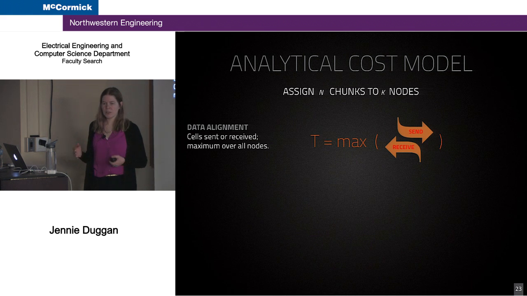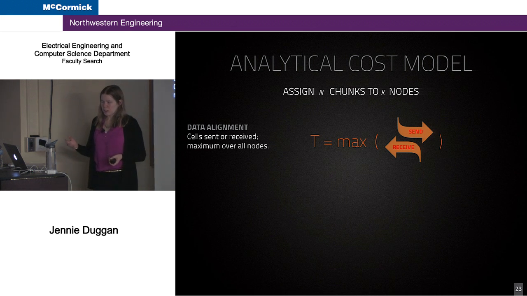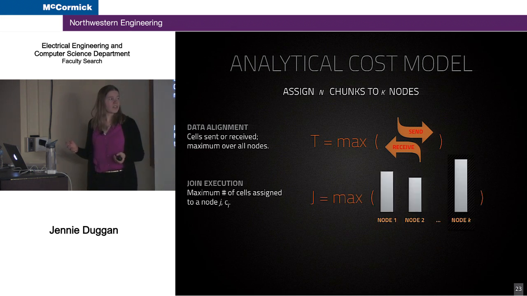We know that this is parallelizable. So for each host, we simply look at how many cells it will send and how many it will receive, take the maximum of that, and then take the maximum over all nodes in order to see which one will be using the most network bandwidth. That summarizes the highest cost for this phase.